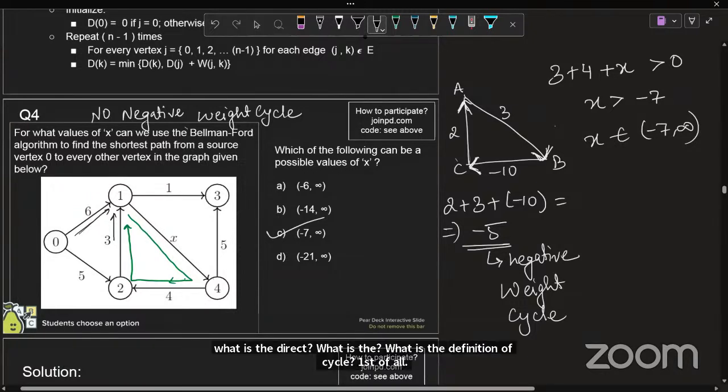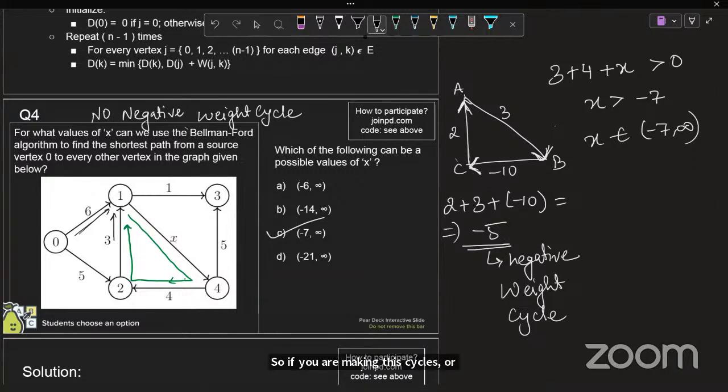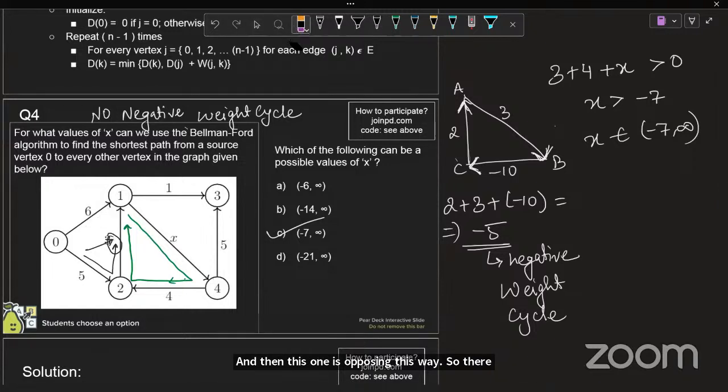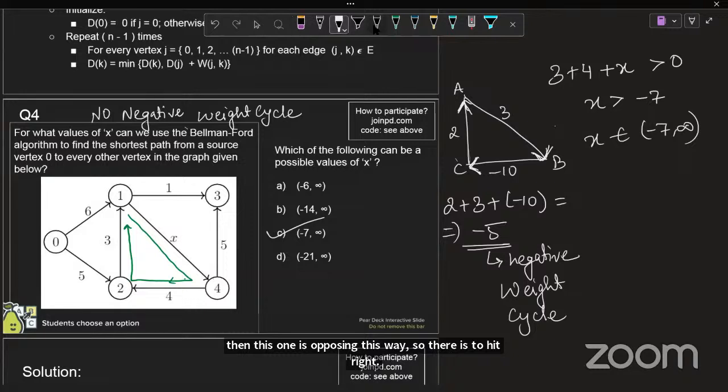Suppose I am making this rectangle a cycle. This is going this way and this way, and then this one is opposing this way. So there are two heads, right?